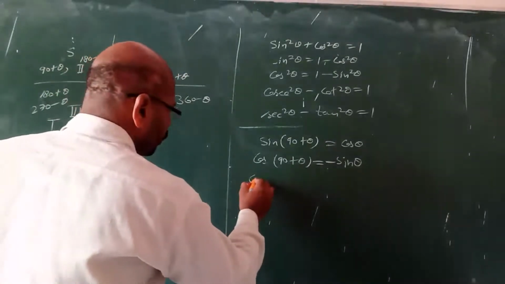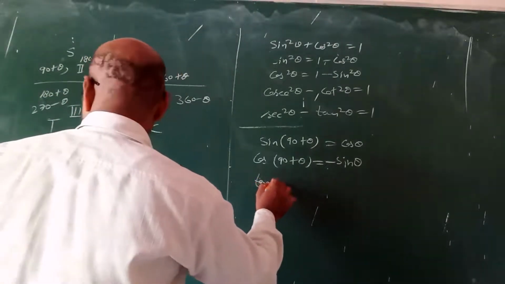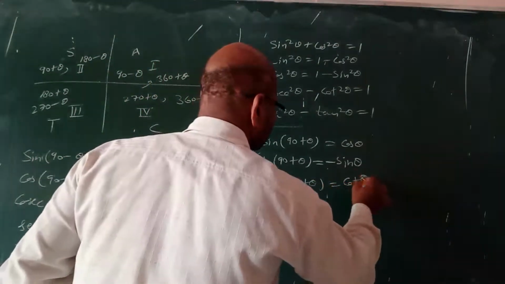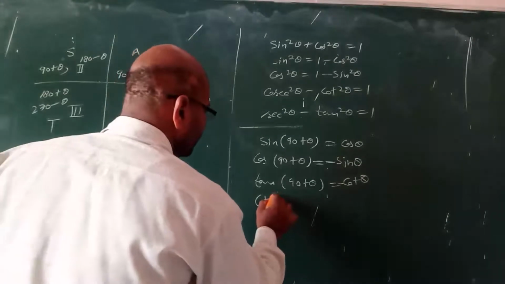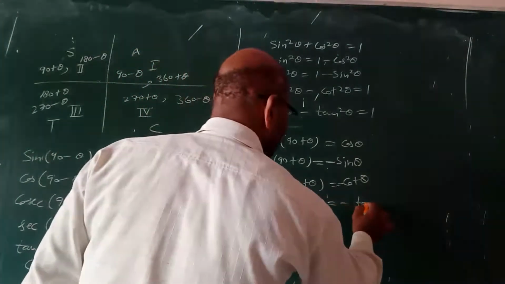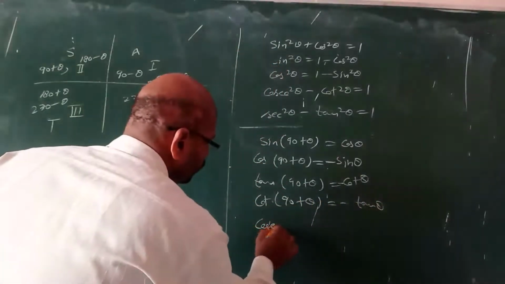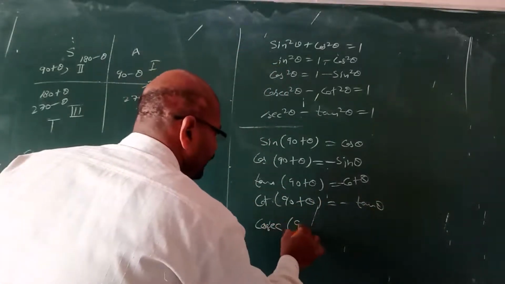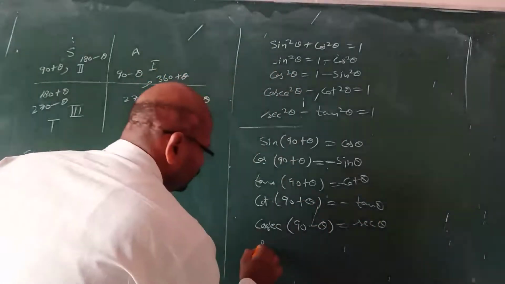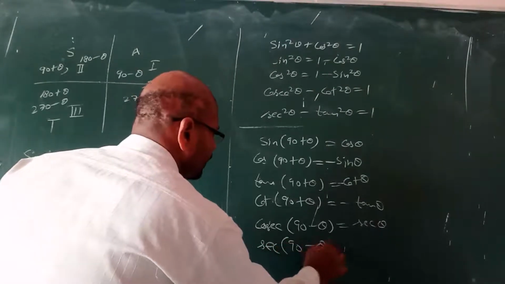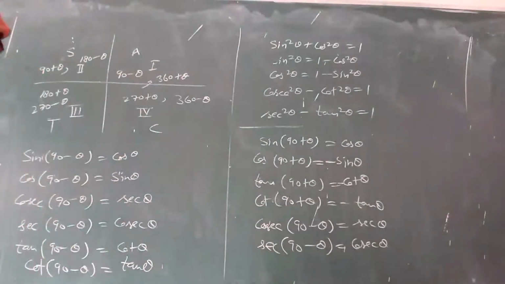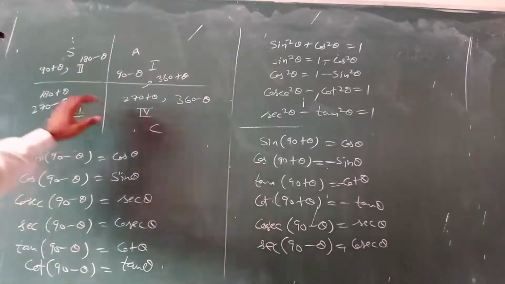Tan 90 plus theta changes to minus cot theta, and cot 90 plus theta changes to minus tan theta. Likewise, cosec 90 minus theta changes to sec theta, and sec 90 minus theta changes to cosec theta. Got it? These are some basic formulae, and you can make others as well.